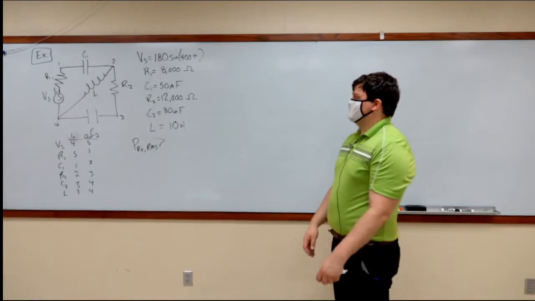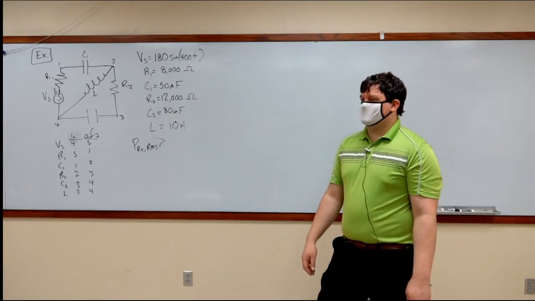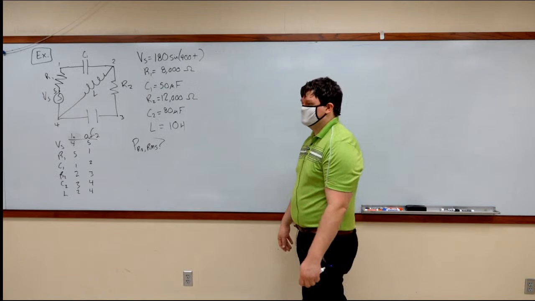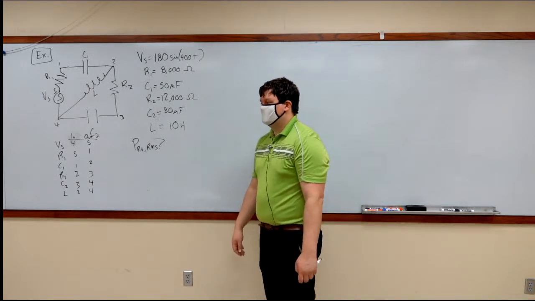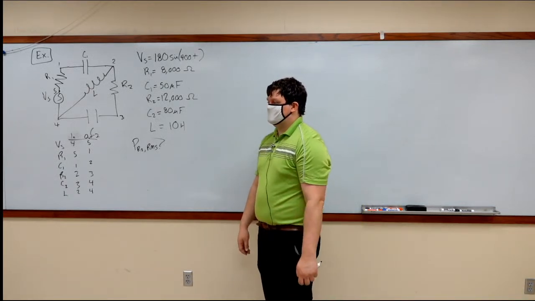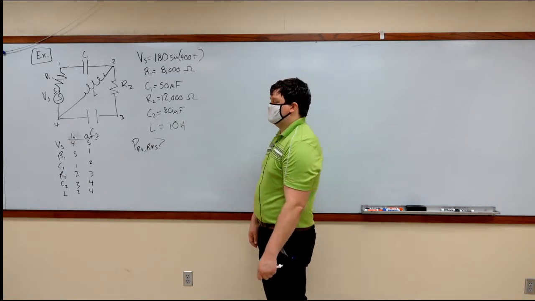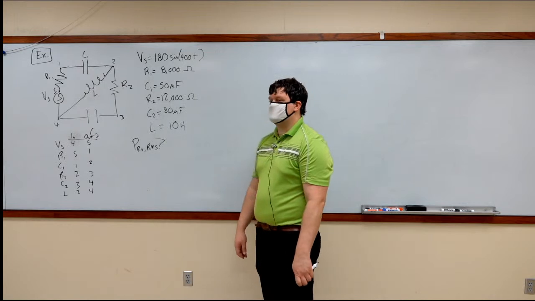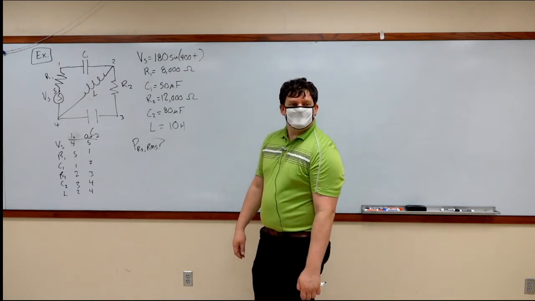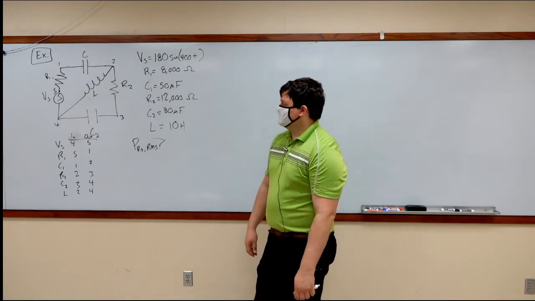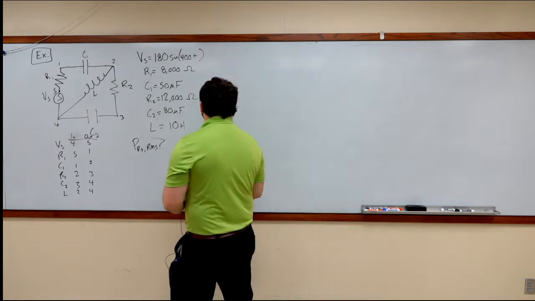We could start with KVL and KCL if you really want to. Or we could not do that. We could just calculate equivalent impedances and move from that direction. Which I think sounds a lot nicer to me. So let's do that.